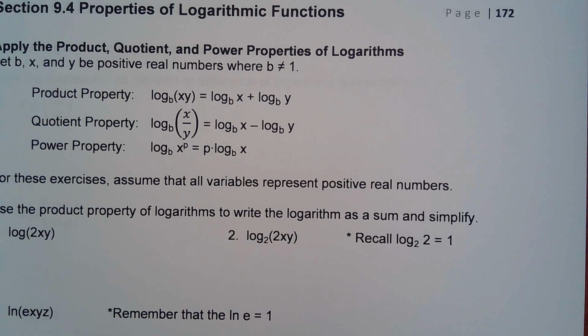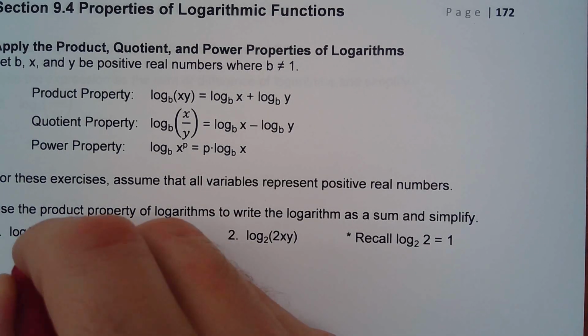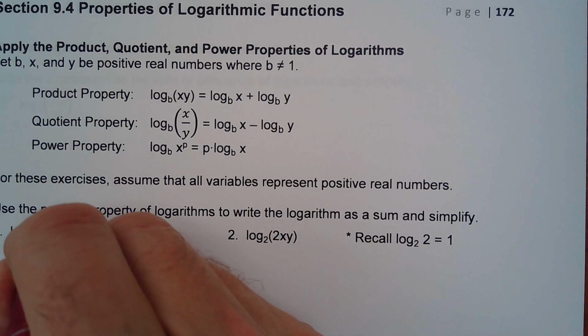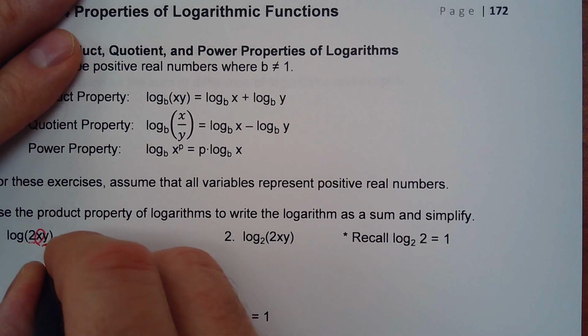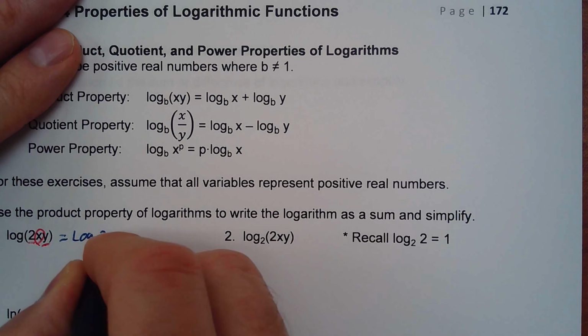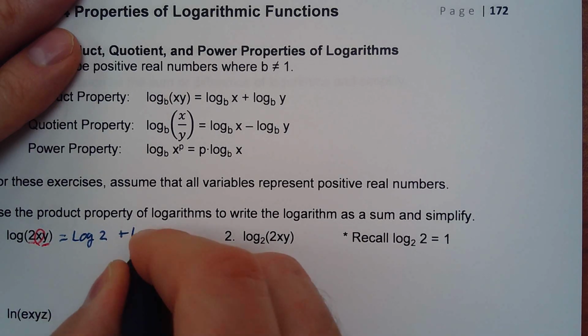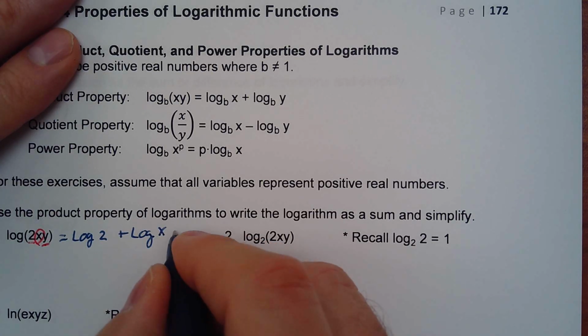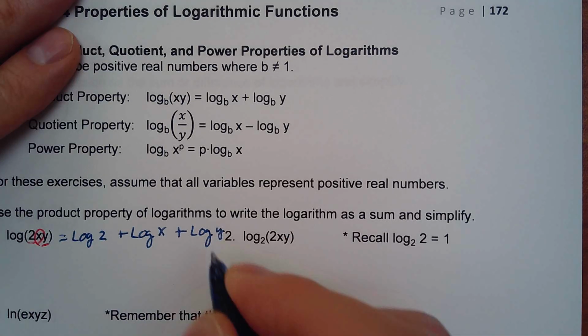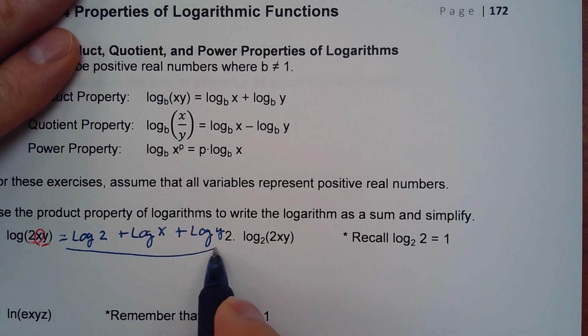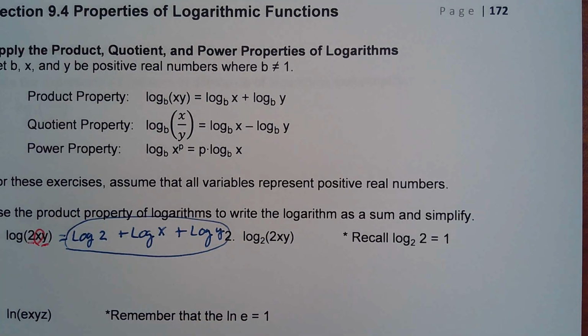So for this first one, I have a factor of 2, a factor of x, and a factor of y. So I'm going to write this as a log of a sum. So this is equal to log of 2 plus log of x plus log of y. And that would be our answer.